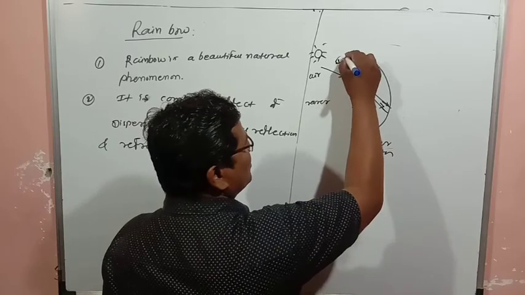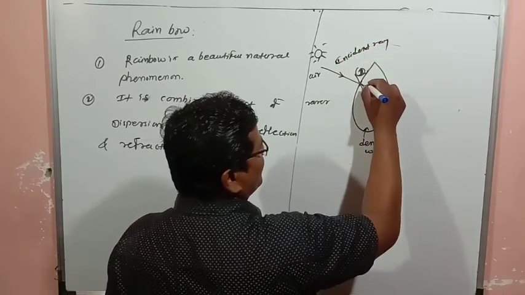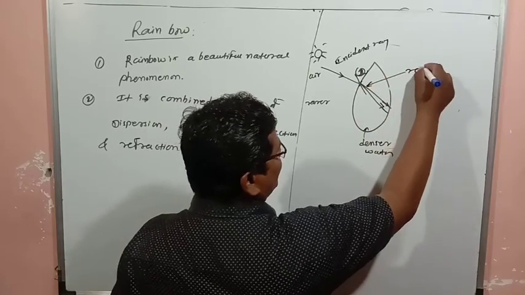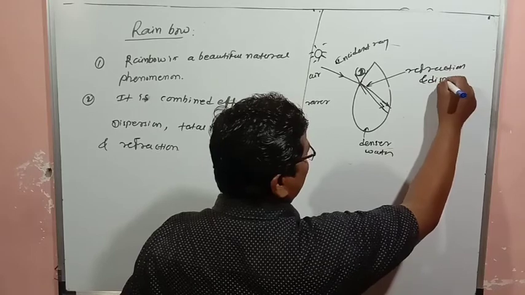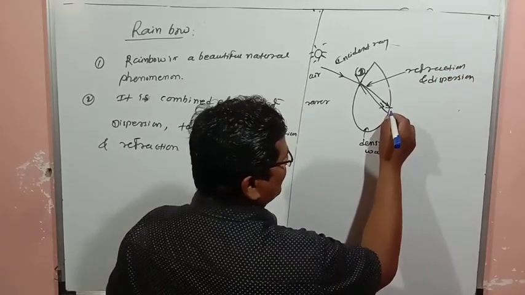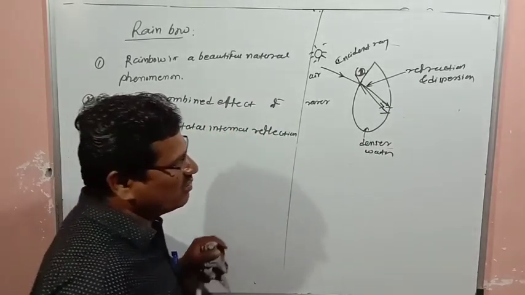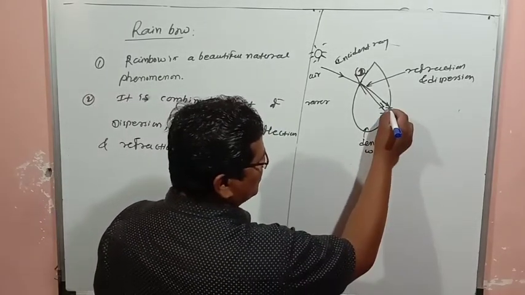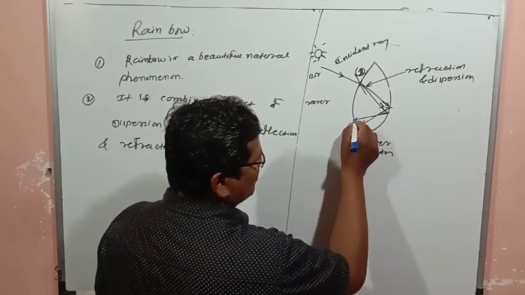This is the incident ray, and here refraction and dispersion take place. Both things are observed. Now according to the laws of reflection, this light ray will go this way and that light ray will go that way.